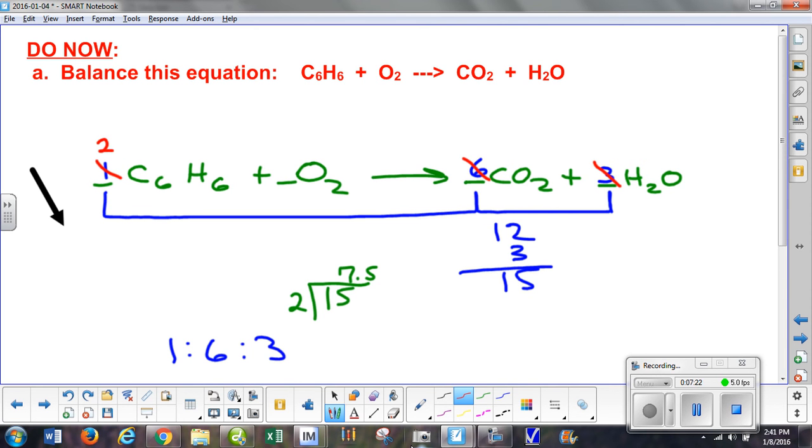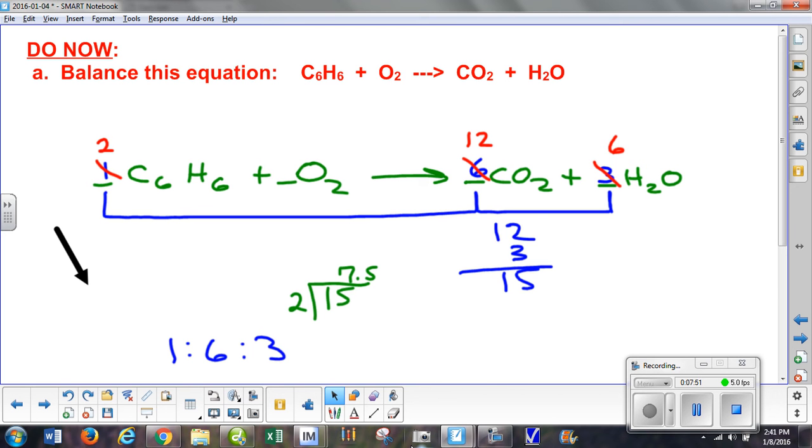So that would be 2, and this would be 12, and this would be 6, which is still this original ratio of 1 to 6 to 3. Does everybody know when you have a ratio like this, you can multiply everything by the same number, and it's still the same ratio? It doesn't change the ratio. So because I can do that, I figured out that that ratio has to stay put.